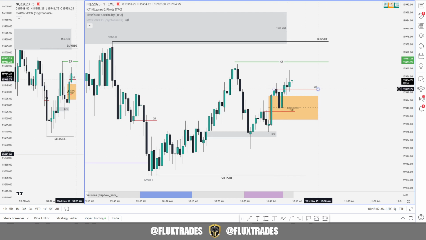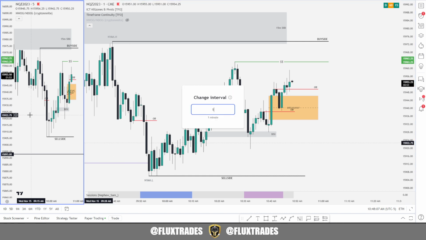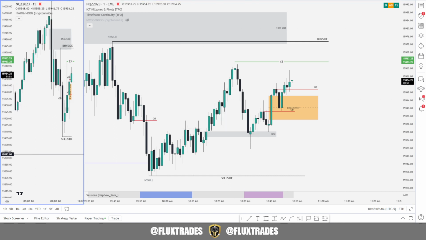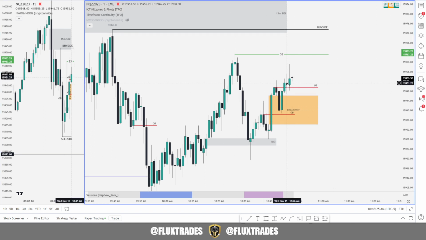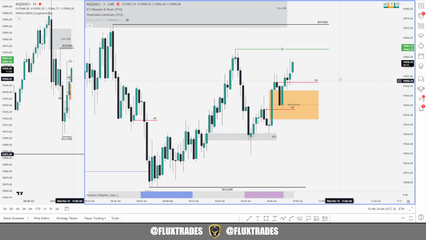Another order block right there. Watch this down closing candle as well. Filled a tiny gap there, that's what we kind of projected.